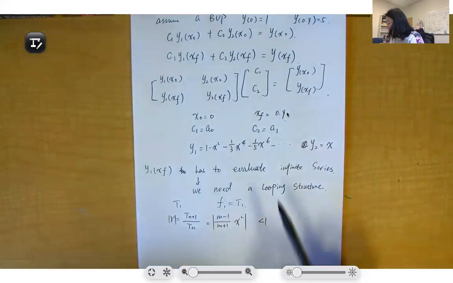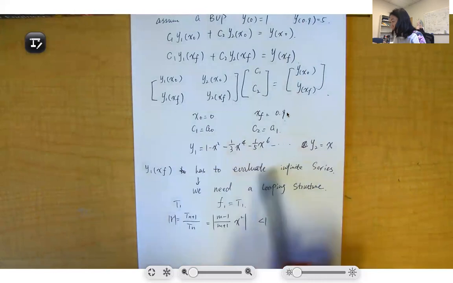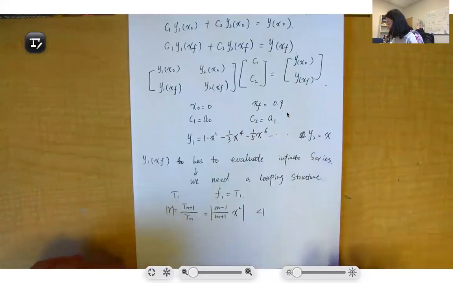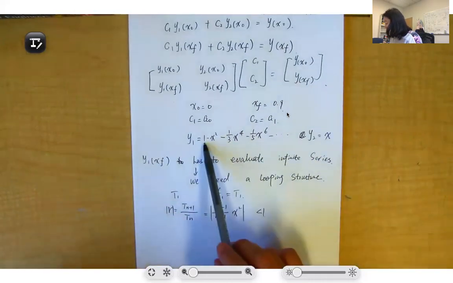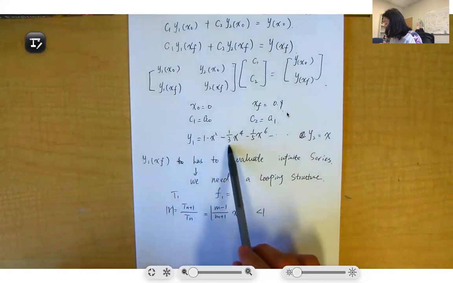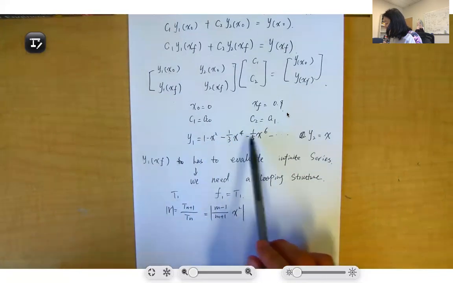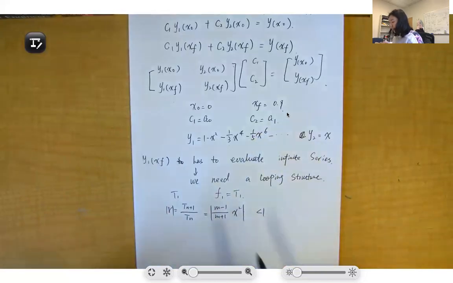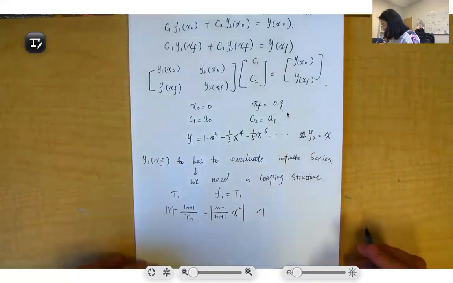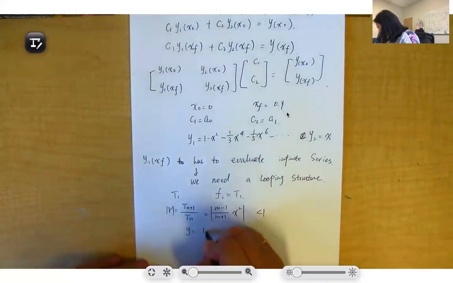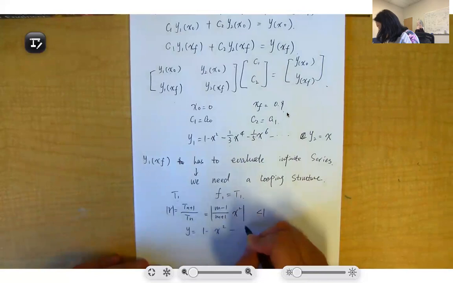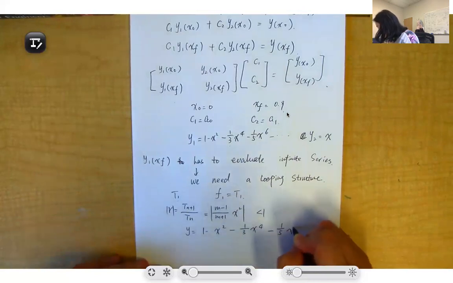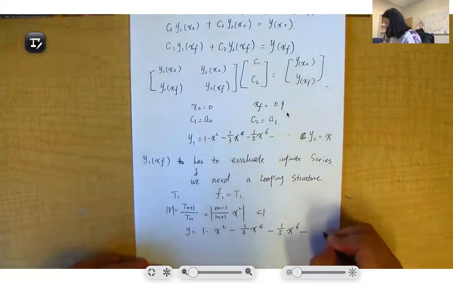Then we can evaluate the y1 term. We have y equals 1 minus x squared minus 1 over 3 x fourth minus 1 over 5 x to the 6th minus dot dot dot, which we can evaluate when x is in the convergent range.